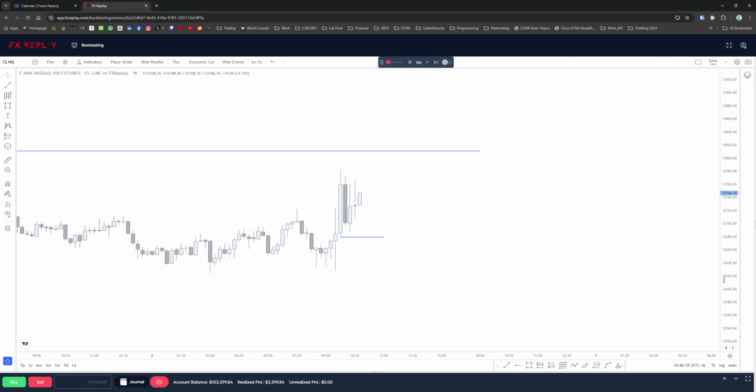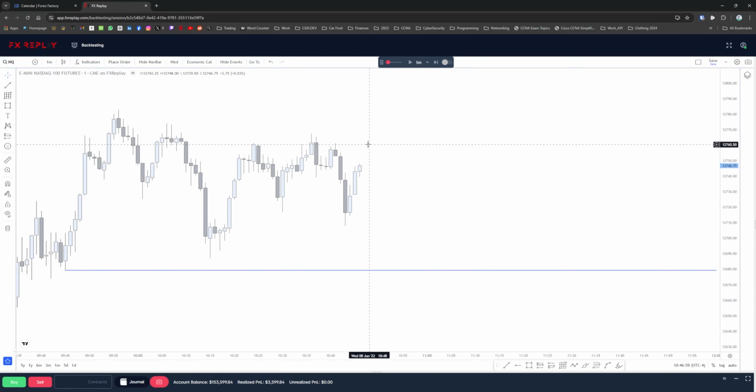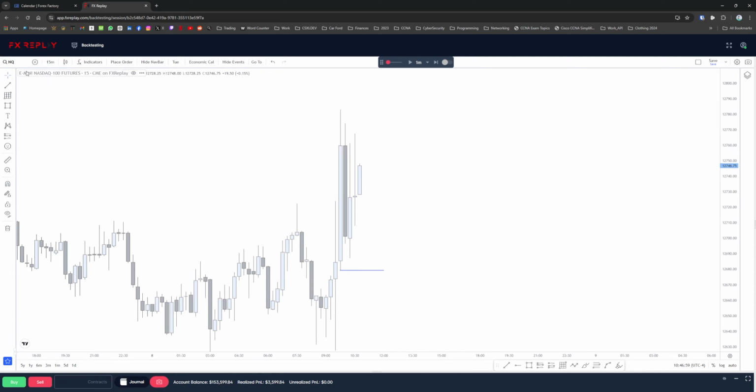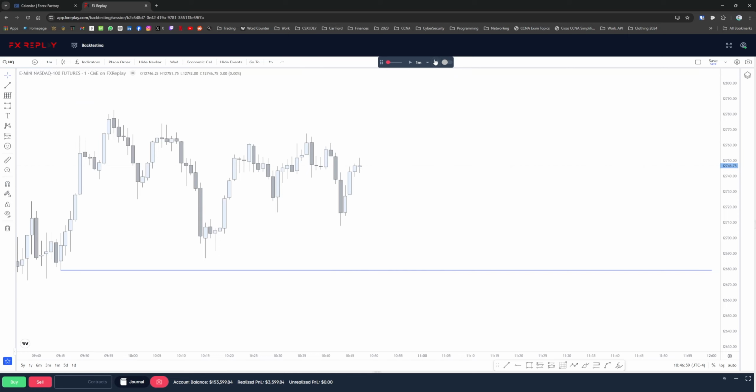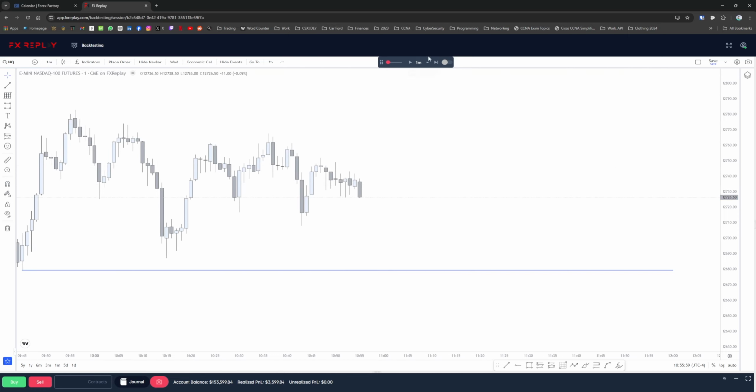Yeah, there's just nothing there. That's interesting. This is doji. There's nothing on the higher time frame that we've tapped into. And just look what happens. We just get this accumulation. Nothing goes on.